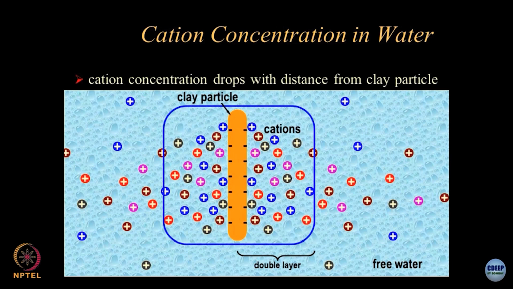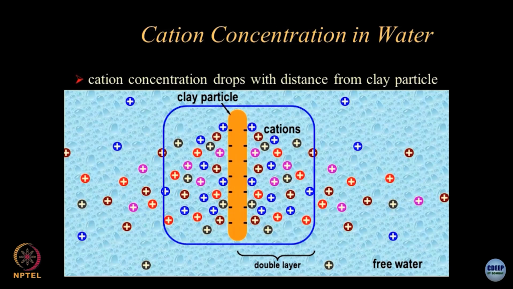Geomechanics cannot be studied unless you understand the concept of the double layer. Double layer is the layer of cations surrounding the clay particles when the clay particles are kept in water. It so happens that apparently the size of the clay particle becomes 5, 10, 20 times. It is just like grapes, you put them in water overnight and what happens next day morning, they swell.